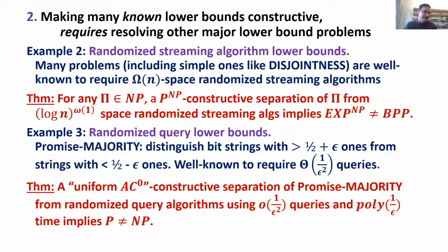So in uniform AC0, you can solve the promise majority problem. And now we're asking, can uniform AC0 also generate bad inputs for fixed randomized query algorithms? If they could, then P is different from NP. That seems like a pretty wild consequence of just making a basic randomized query lower bound constructive. There are many more examples in the paper.